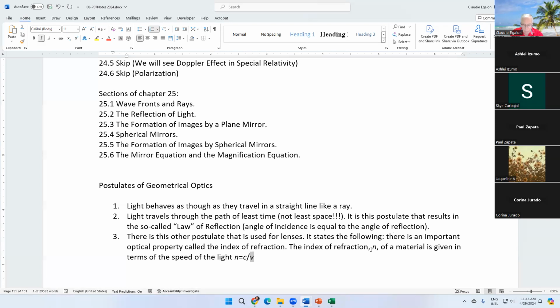For the sake of this course, n is always greater or equal to 1.